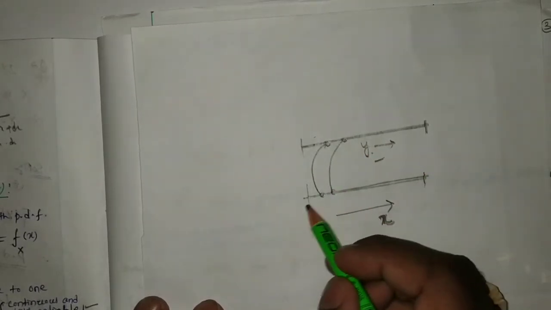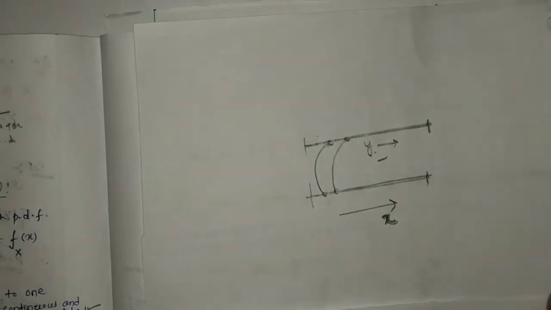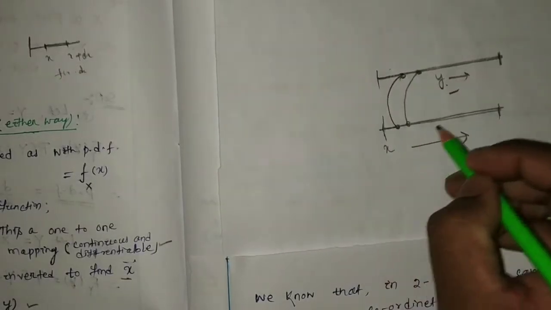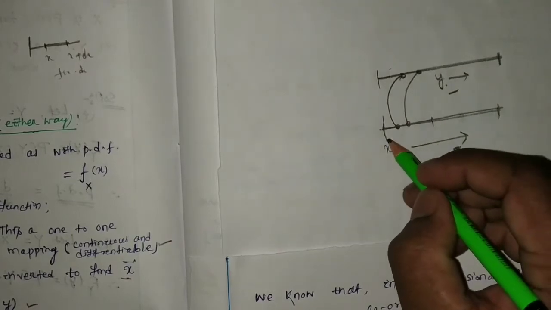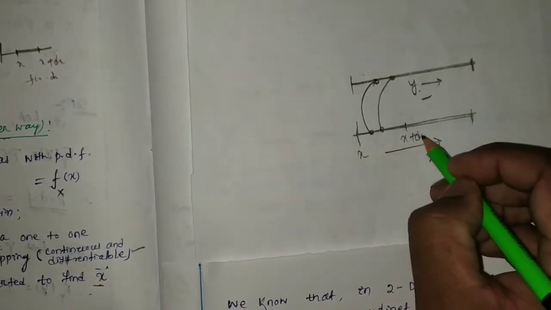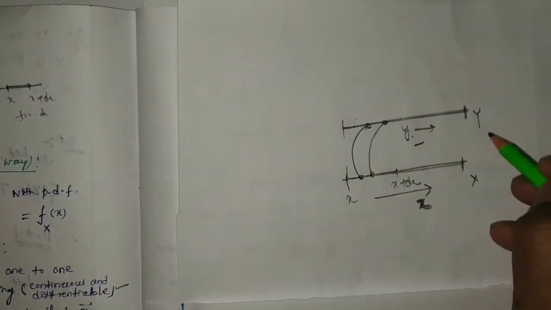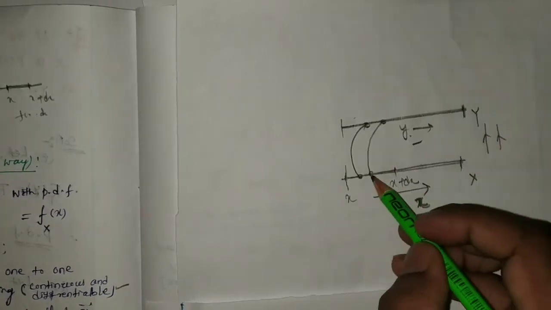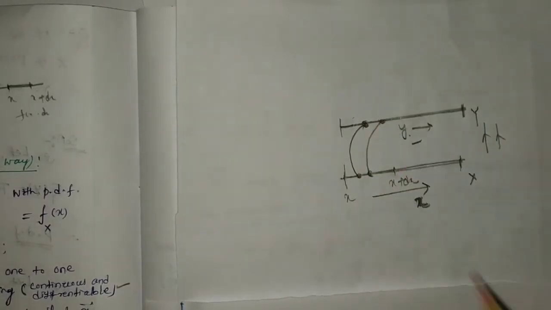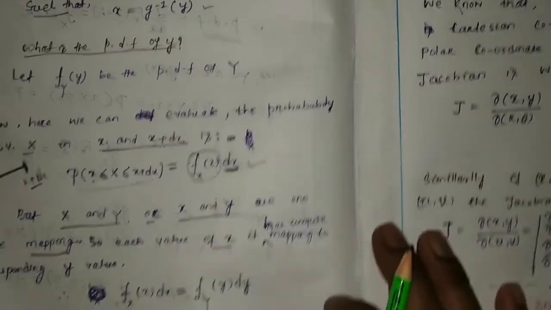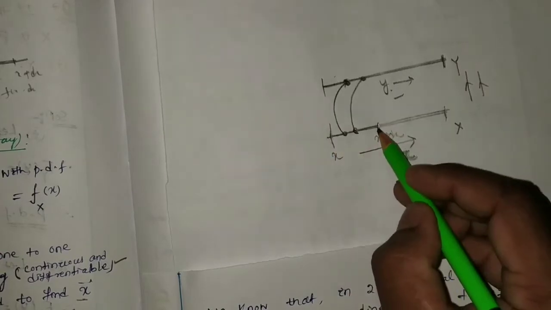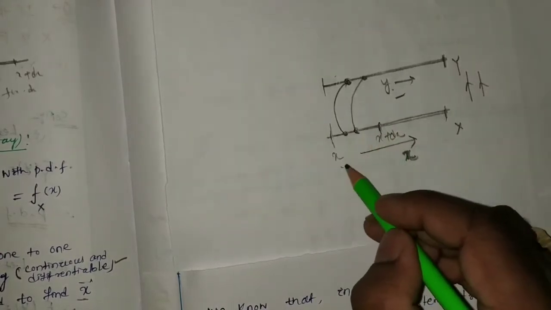If we estimate the probability in the length dx, and both random variables x and y are one-to-one mapping, then the probability in this range will be equal over the same length.